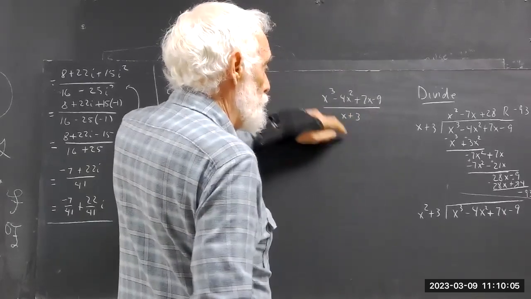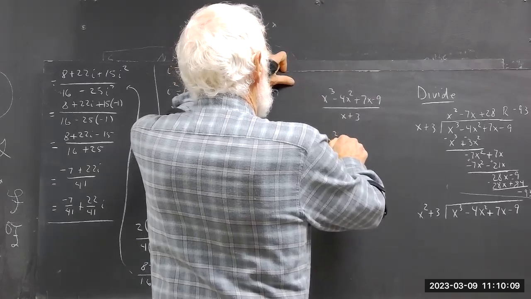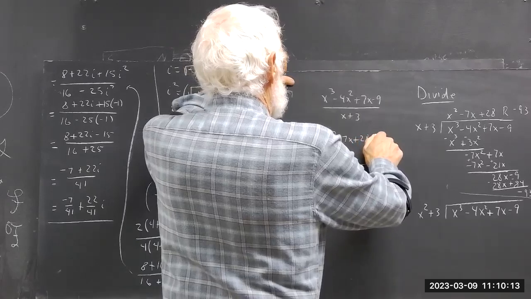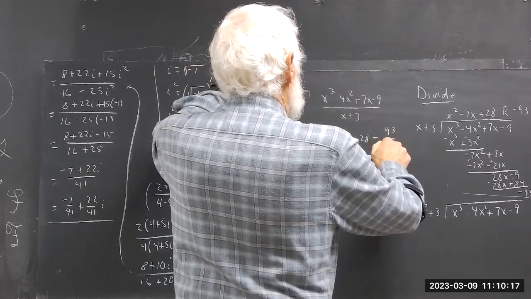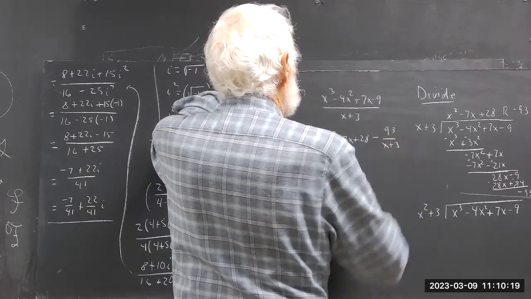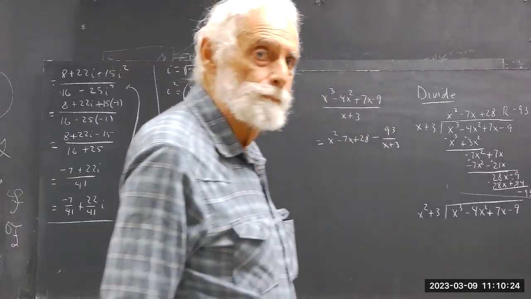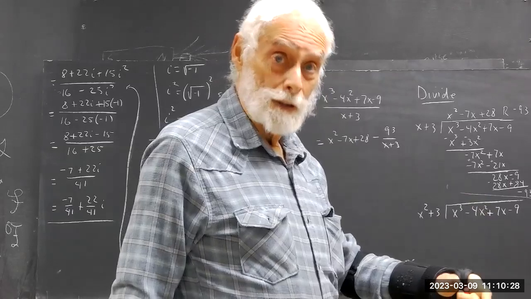So now we can say that this divided by this equals x squared minus 7x plus 28, minus 93 over x plus 3. Assuming I did that right. Now let's check that.